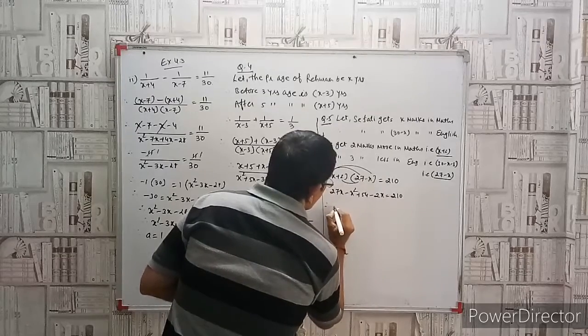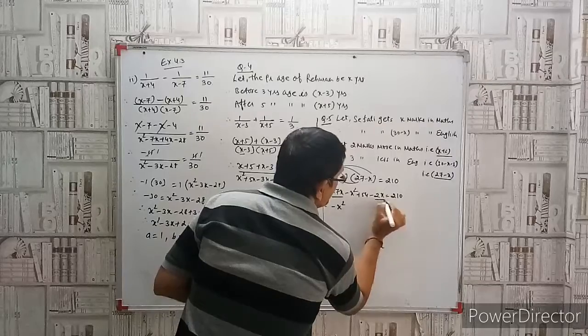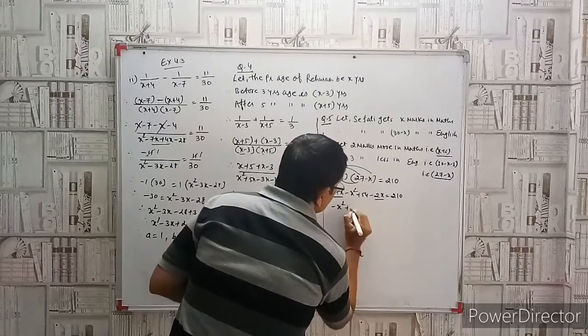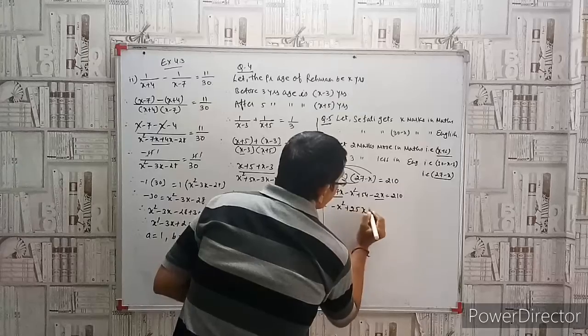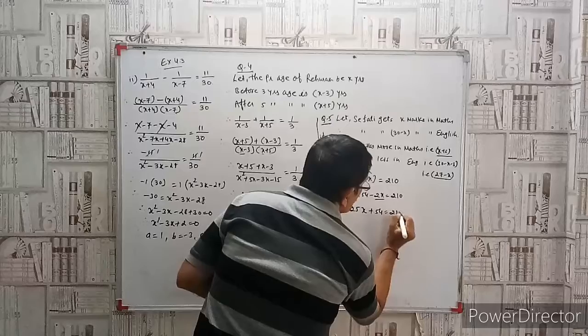So it is minus x square, 27 minus 2, so it is 25x plus 54 is equal to 210.